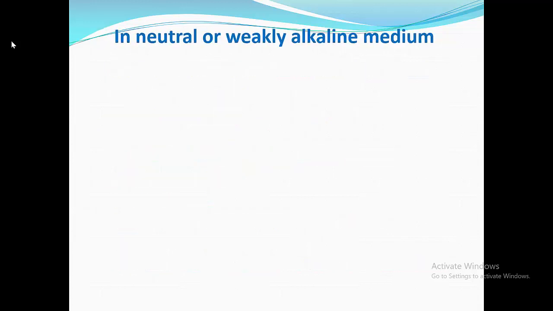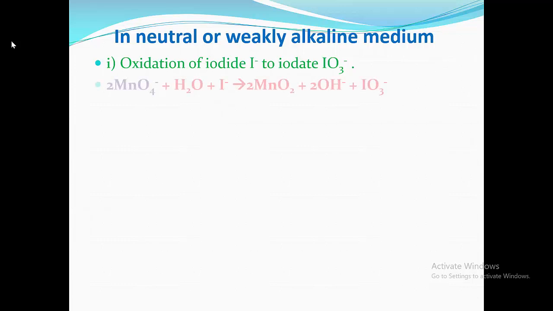Now we are going to see the properties of KMnO4 in weak alkaline medium. First is oxidation of iodide to iodate, that is IO3-. When any iodide, that is potassium iodide or sodium iodide, is treated with KMnO4 in water and in alkaline medium, the following reaction takes place: 2MnO4- + H2O + I- gives 2MnO2 + 2OH- + IO3-.